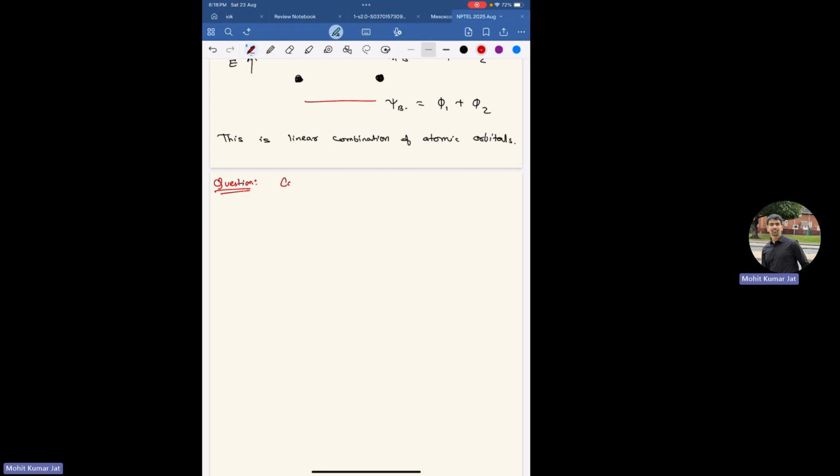Can I form a crystal orbital, or what I can call a crystal wave function, for an electron by linear combination of atomic orbitals?